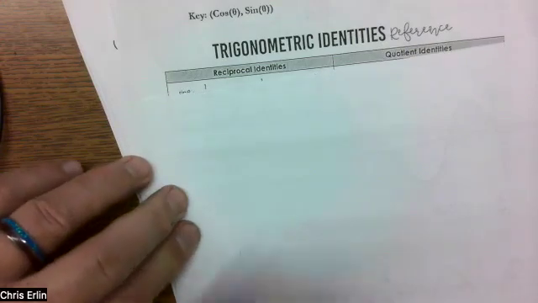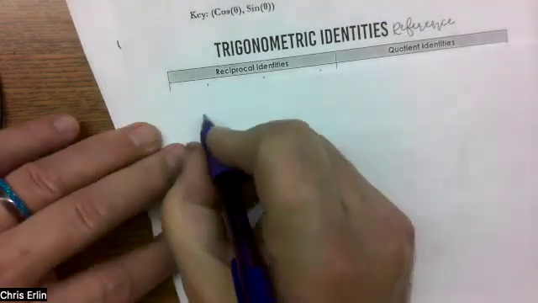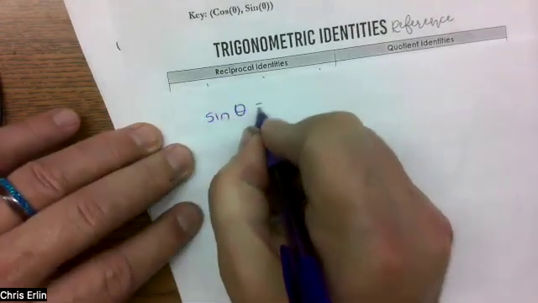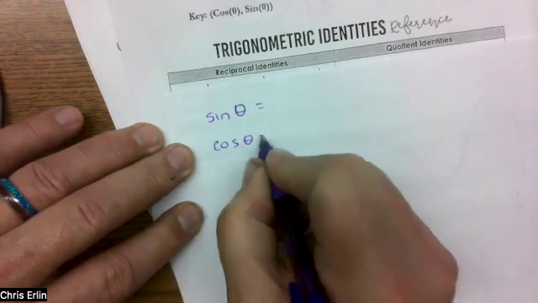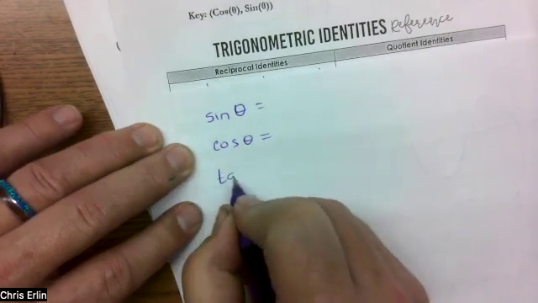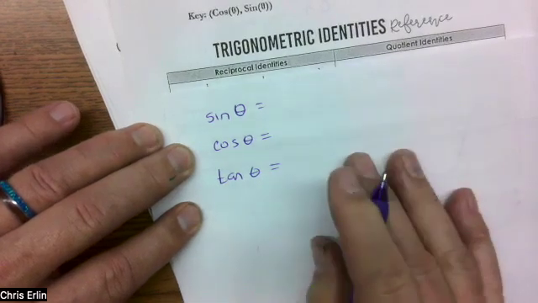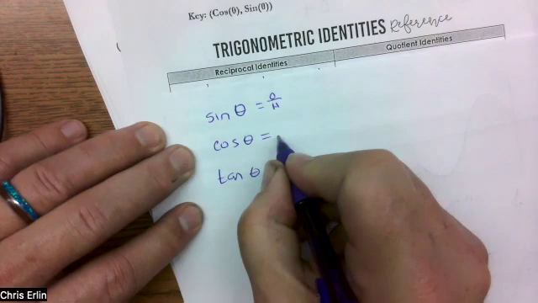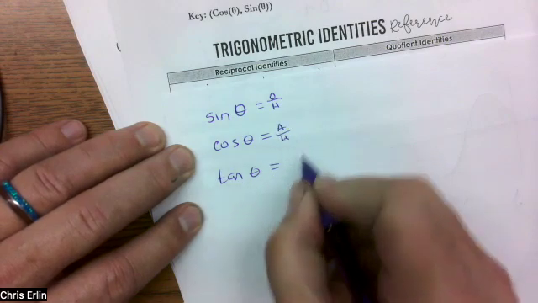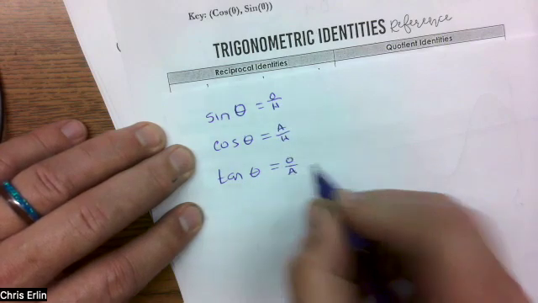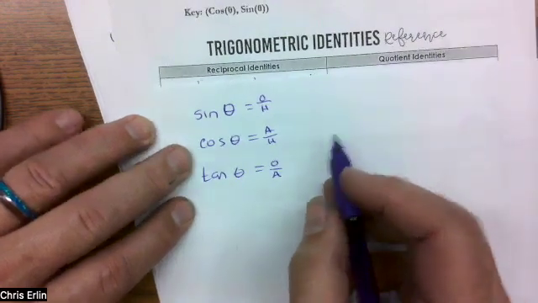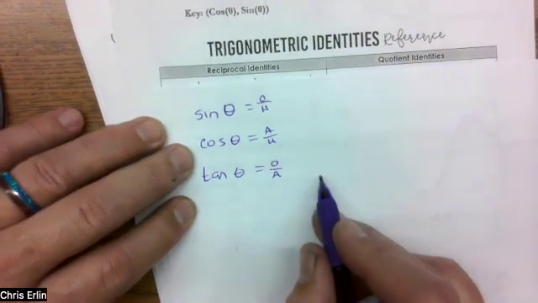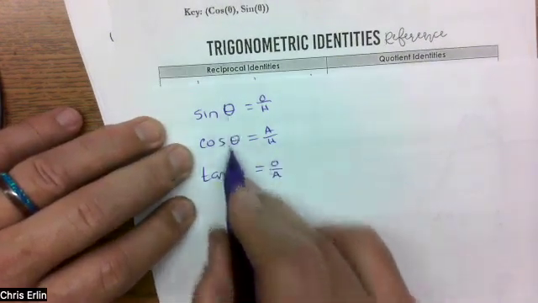Now, some of these things you've never seen before, which is fair. We're in a new course, so we're not just taking what you learn in advanced algebra, we're doing something more. So if the sine is opposite over hypotenuse and the cosine is adjacent over hypotenuse and the tangent is opposite over adjacent, we're now going to introduce 3 new trig functions, but they're just these things flipped over.